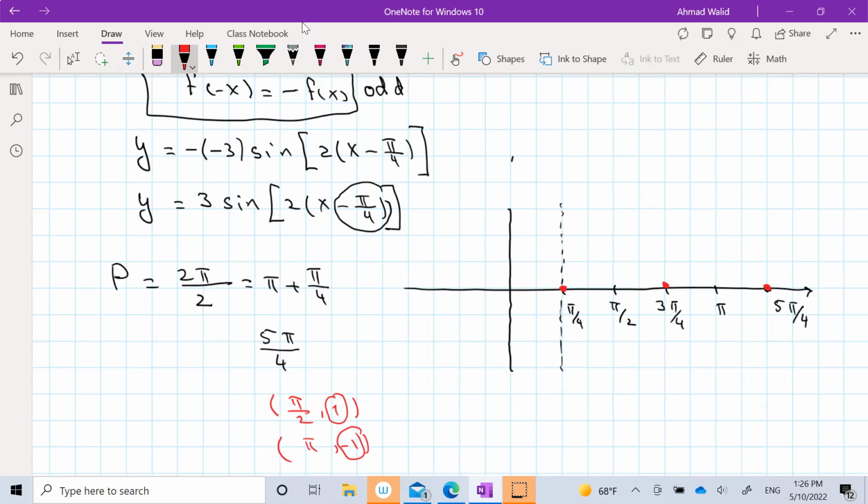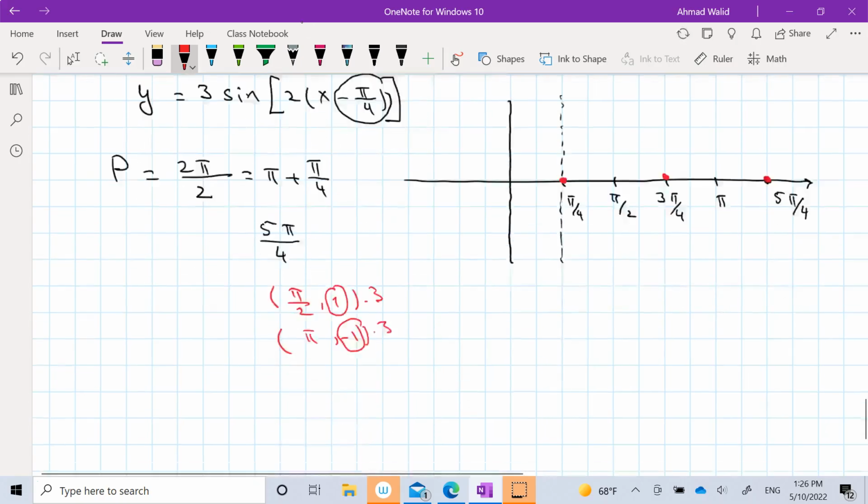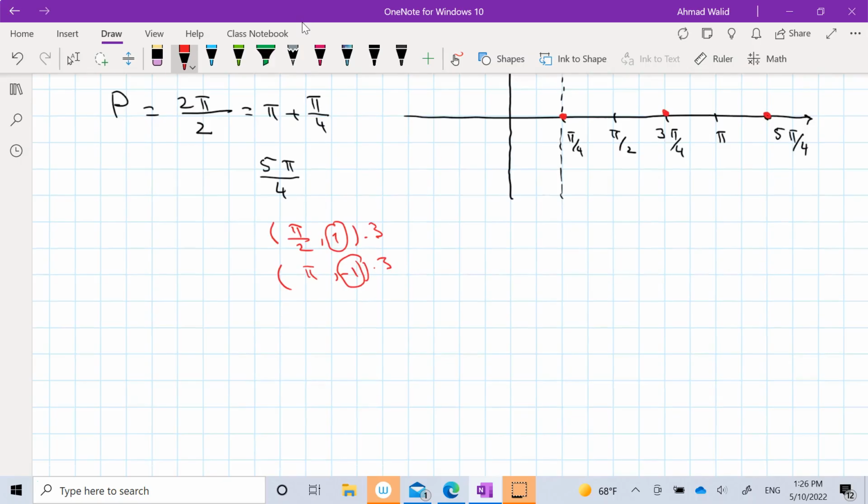Based on a, you multiply a in it. It means times 3, the output, correct? The new key points will be pi over 2, comma 3, and pi, comma -3.